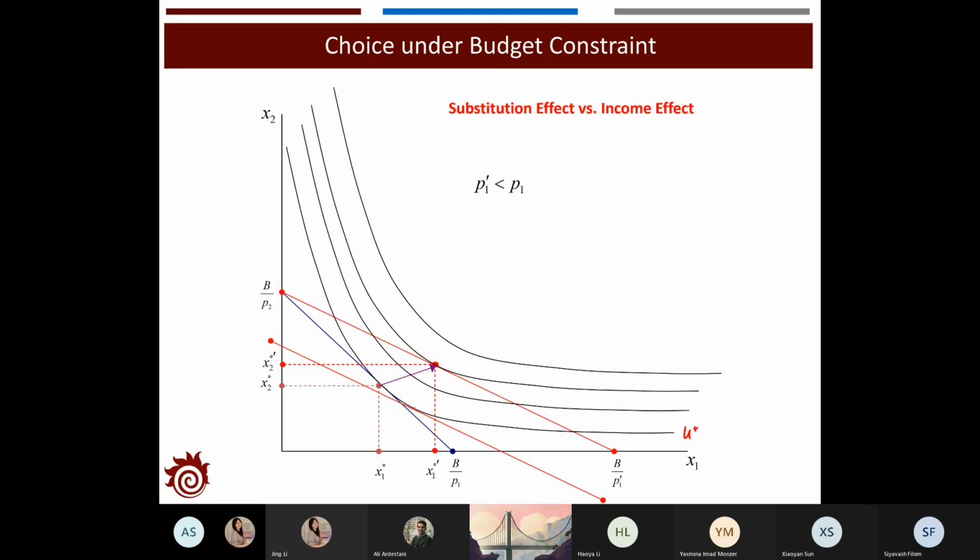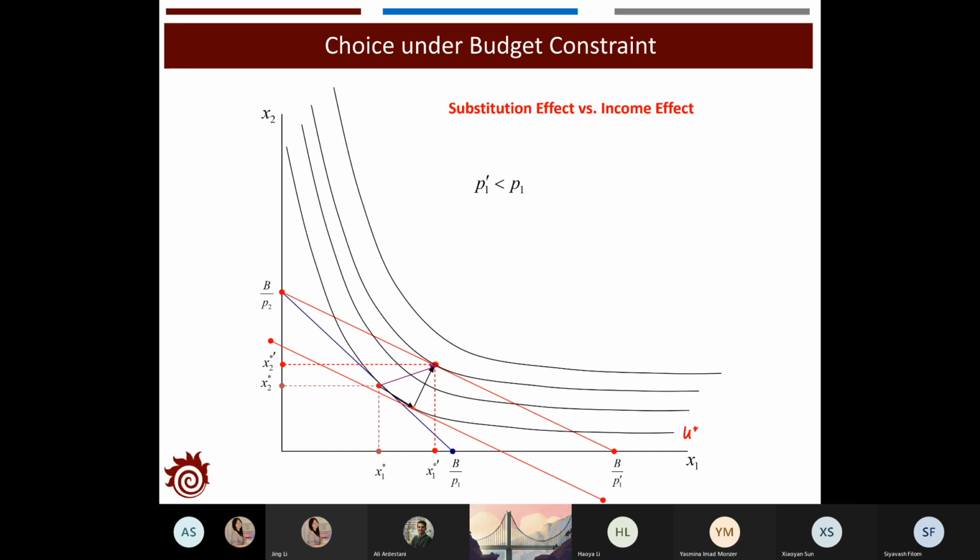So at this point, it will have the same utility as the one at x1 prime and x2 prime. From the original solution to this point is called the substitution effect.